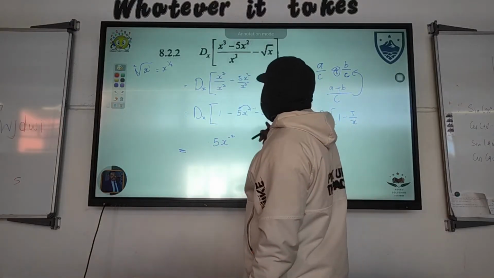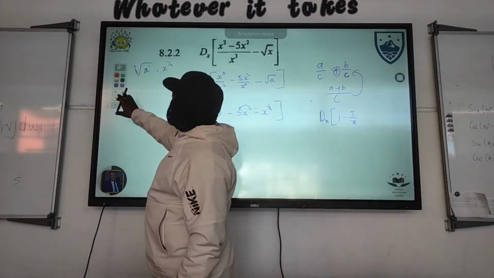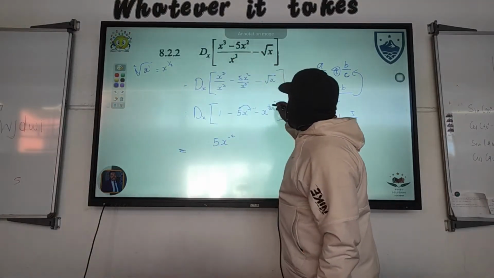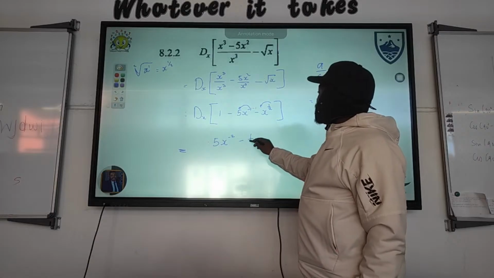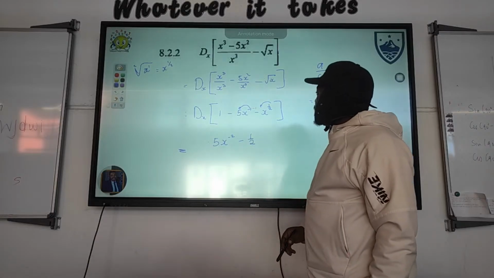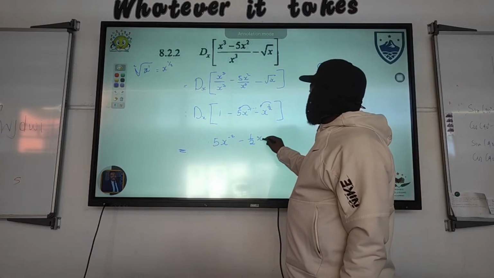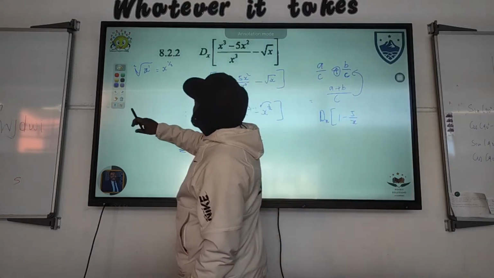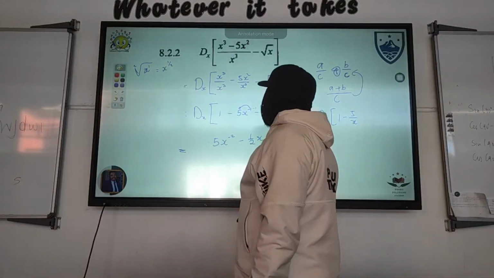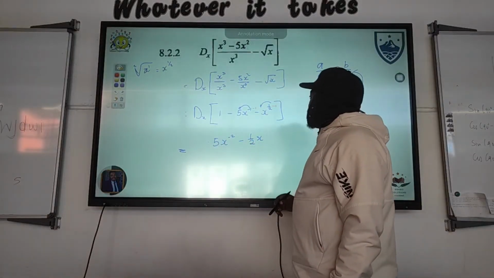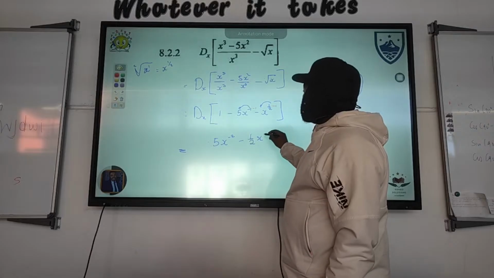Do the same thing this side. Multiply the coefficient by the power, negative half, and then x, and then we subtract 1 from the power, and it will give us negative half.